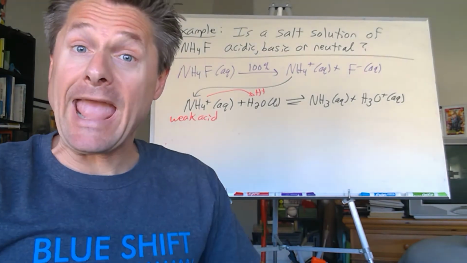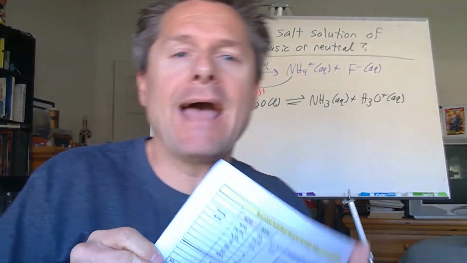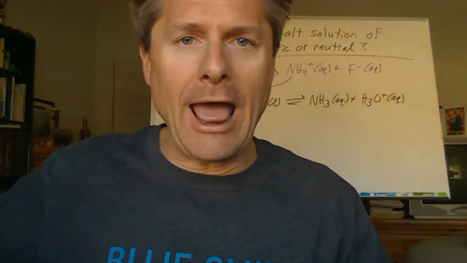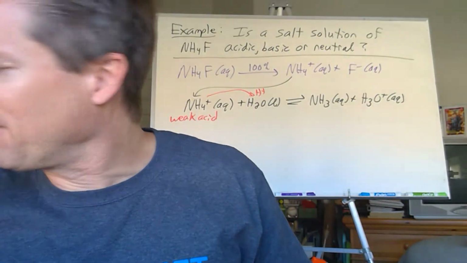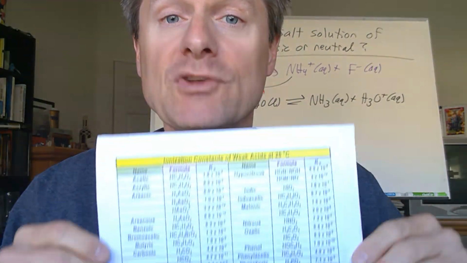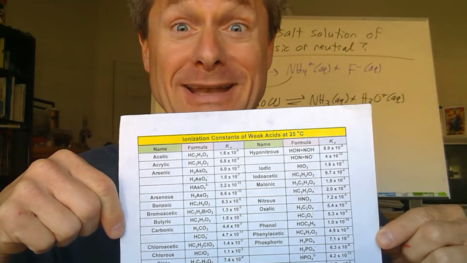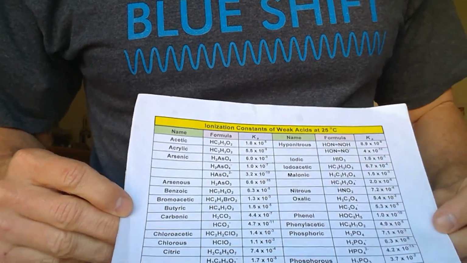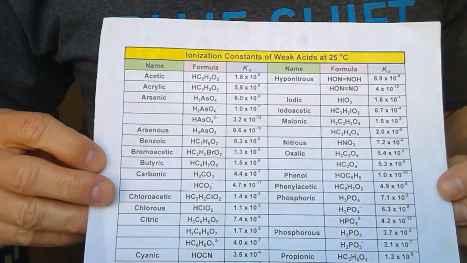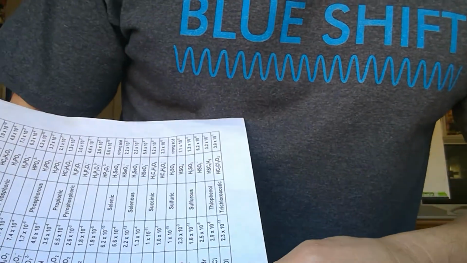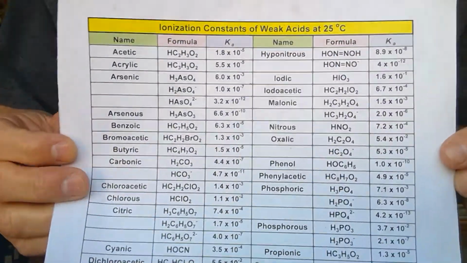Let's look up the Ka value for that. Now, on my acid-base table, I don't have K values on here, right? Darn, I need another paper. So we'll go over and find our Ka table, which you by now should have printed out, I would hope. So here's my Ka values. Let's look up ammonia. Do we see ammonia on there? No, this isn't good. I don't see ammonia anywhere.